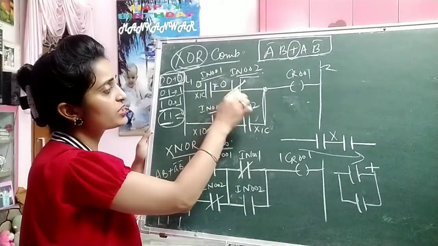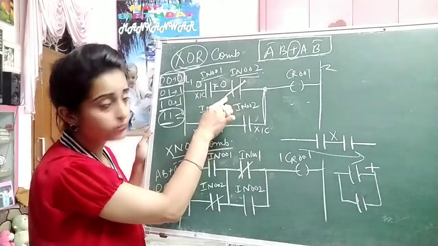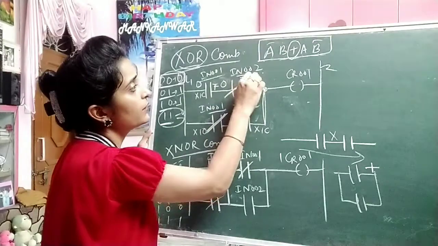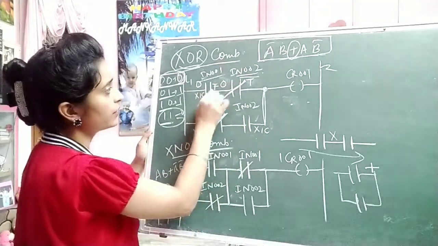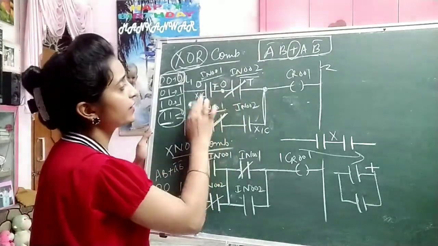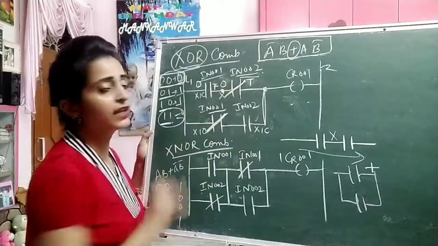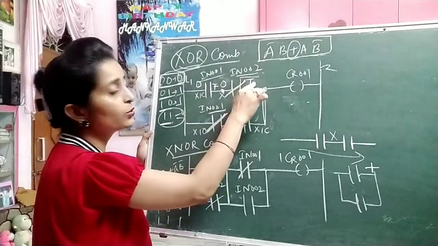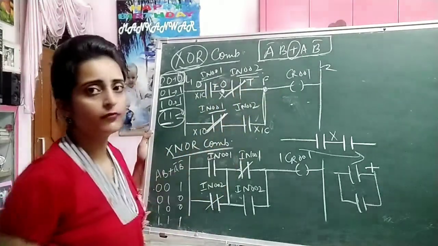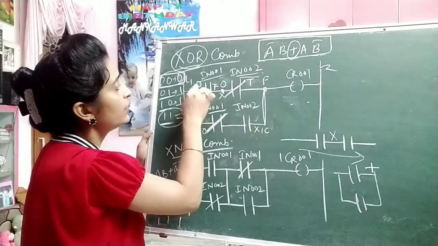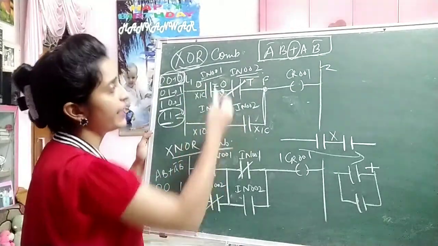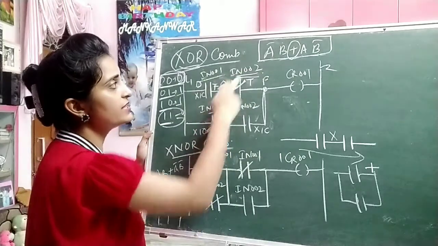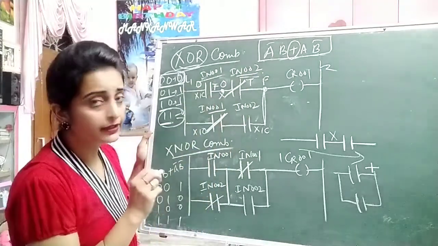And if 0 is provided at XIO, then the output will be true. But in combination, as they are connected doing multiplication, false into true is false. Now these are exactly opposite of those two.